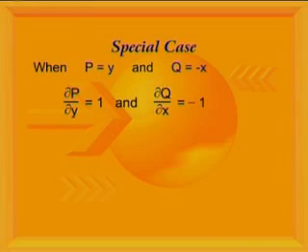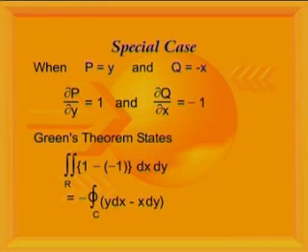And we substitute in the Green theorem, then the double integral of minus 1 with respect to x with respect to y over the region R is equal to minus of integral, that is y into dx, and minus x into dy over the closed curve C, which is bounding that region.